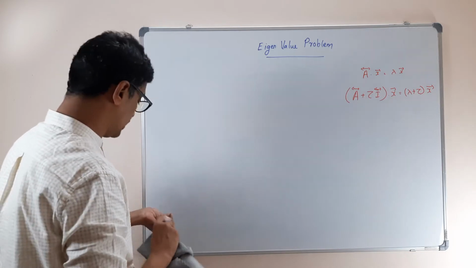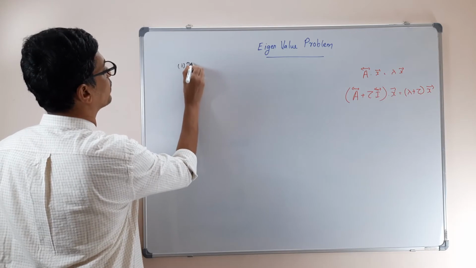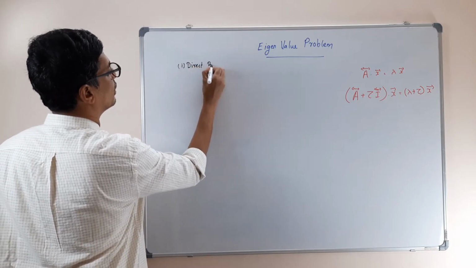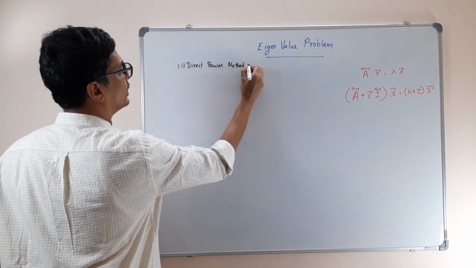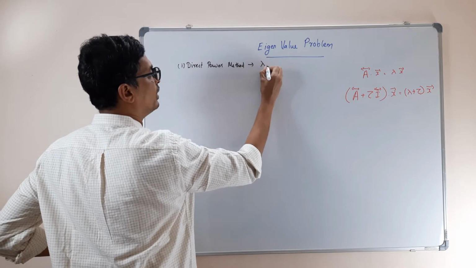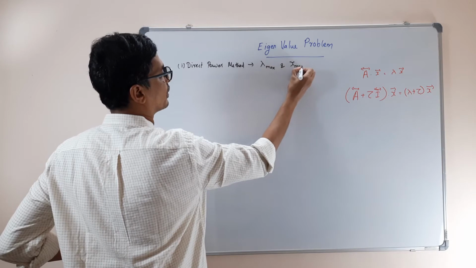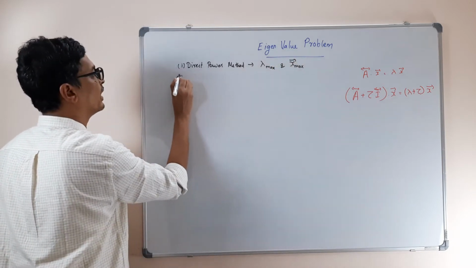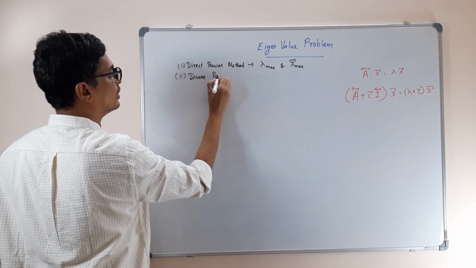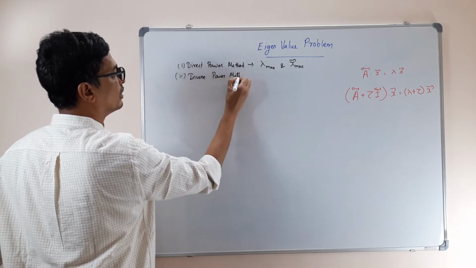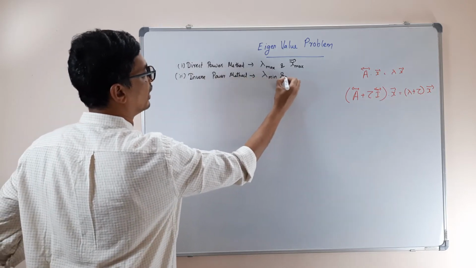So what are the results we have? First, we had the direct power method, which gives us λ max and x max. Next, we had the inverse power method, which gives you λ min and x min.